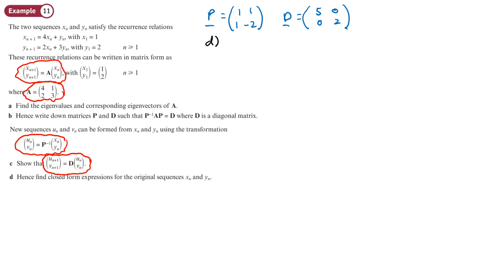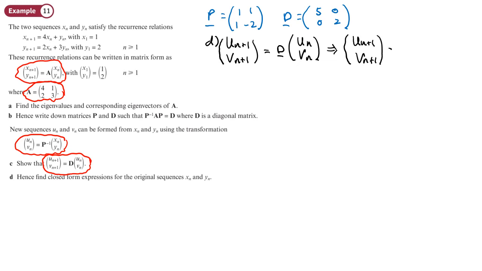So let's start with the relationship that we've been given. So un plus 1, vn plus 1 is equal to D times un vn, and then we know what D is, so we can replace D with the matrix 5, 0, 0, 2, so we'll do that. So now we've got the matrix 5, 0, 0, 2 times un vn.